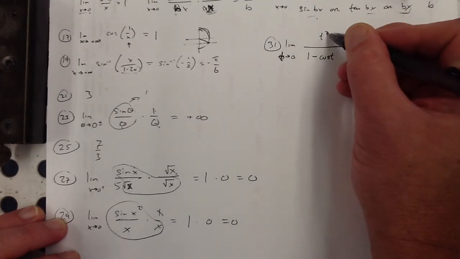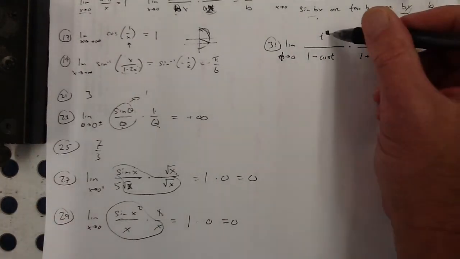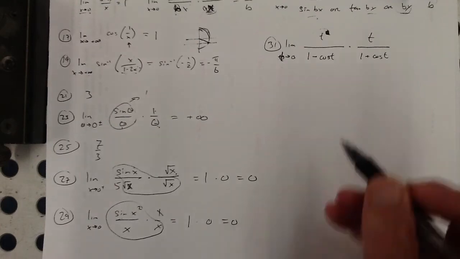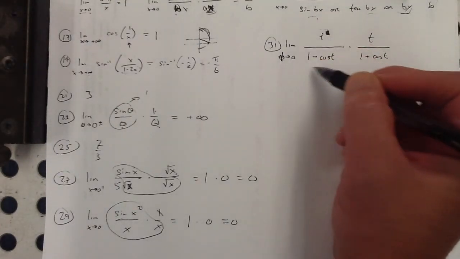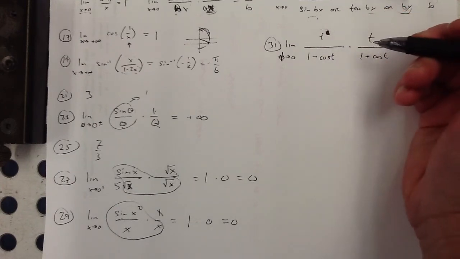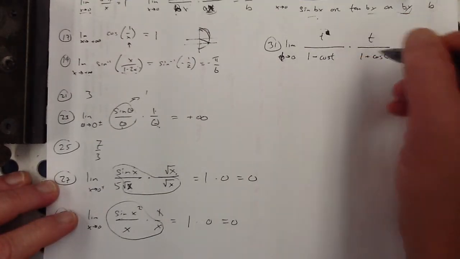And I'm also going to take that t squared and split it up like this. Because I know that one of the things that we got from the notes for 2/6 is that this is equal to 1. Now if you're looking at this saying, wait, that's upside down. Well, 1 upside down is still 1. So we're good there.